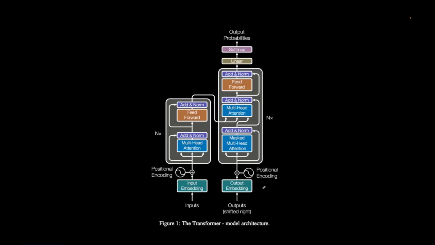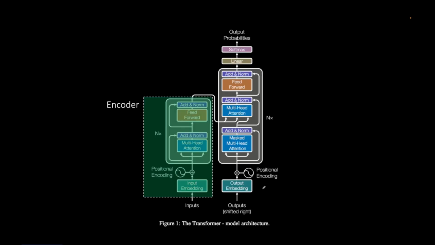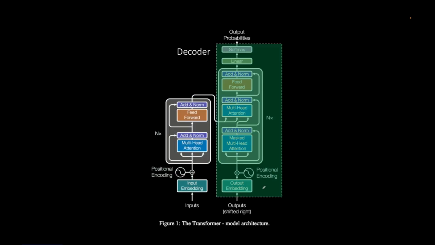So going back to the transformer, it has two stacks. Usually people say, okay, this is the encoder stack, and this is the decoder. You're going to see this in the literature a lot, where they talk about the encoder and decoder stacks of the transformer. And there are many models that only use one side.